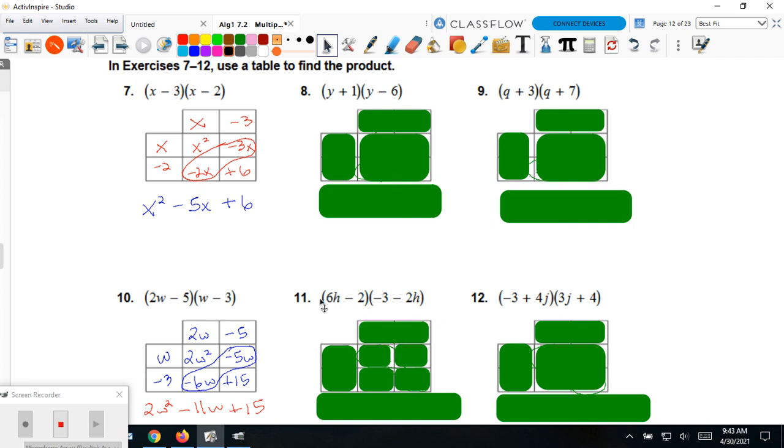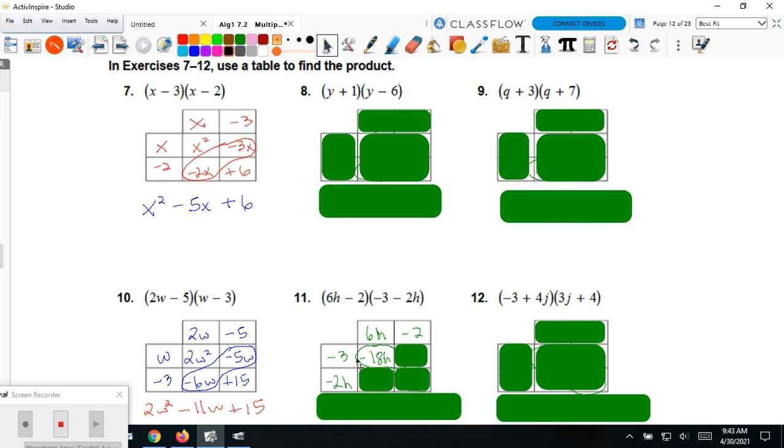This one's just a little bit different, maybe because of this being in the opposite order than what we saw before. So 6h minus 2 up on top, 6h and the minus 2. Negative 3 and negative 2h will be over here. So negative 3, negative 2h. And you still do the same thing. 6h times negative 3 is negative 18h.